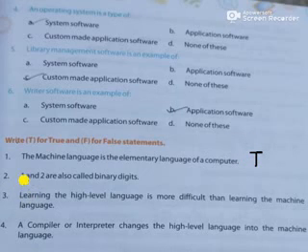Then 1 and 2 are also called binary digits. In this, 1 is correct. 1 is a binary digit but 2 is not a binary digit. This answer will be false.